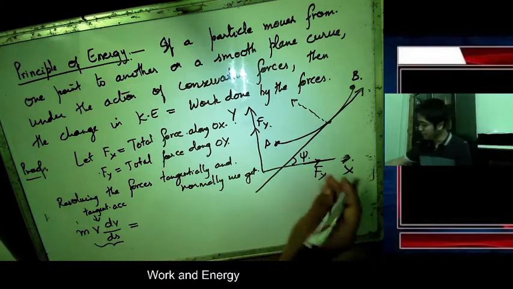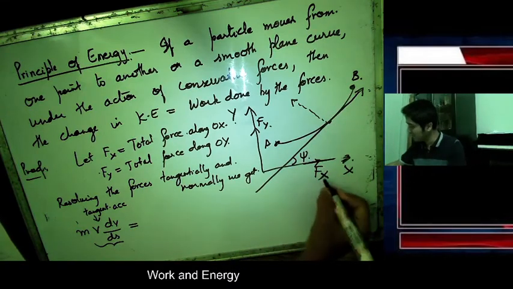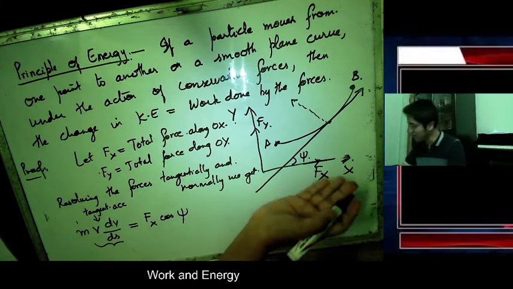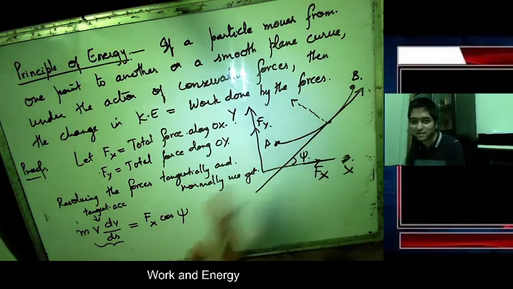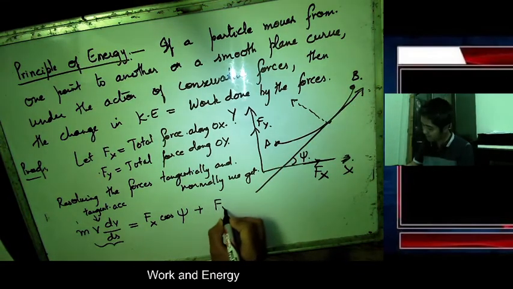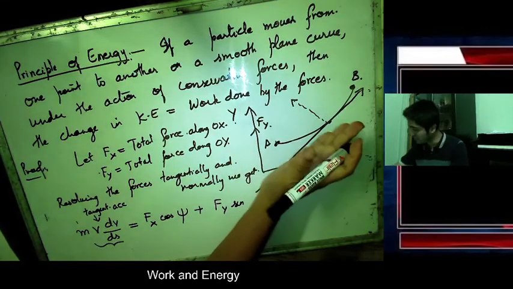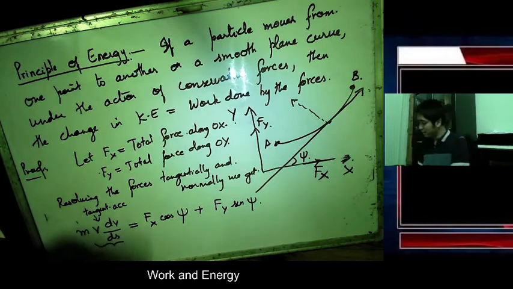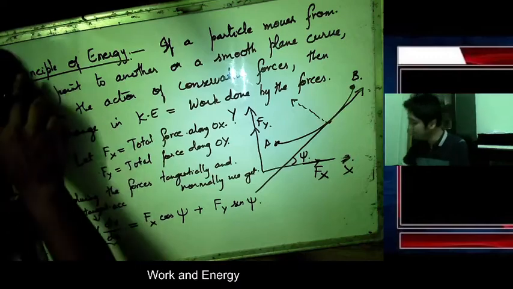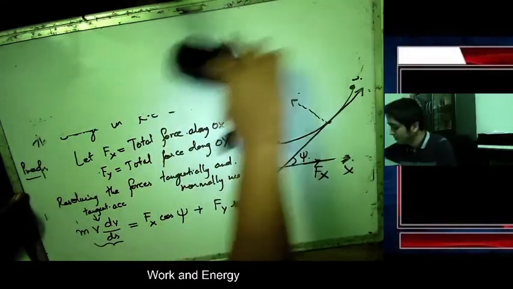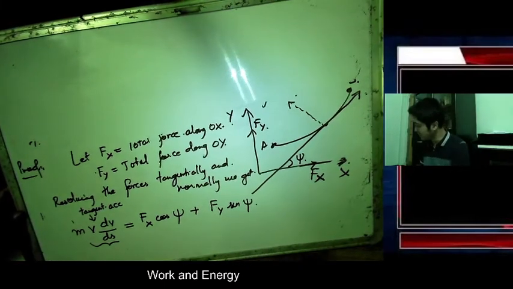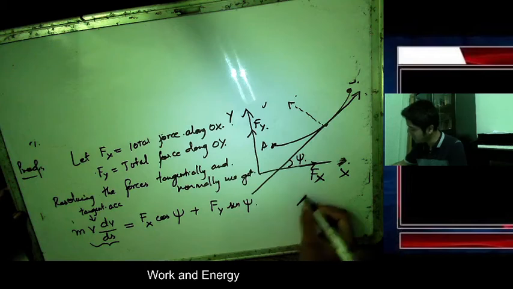Over here we need to resolve Fx along the tangential direction, so it will be Fx cos psi, plus Fy sin psi. This one is along the tangent. Since it is a tangent, it can have a very small length.